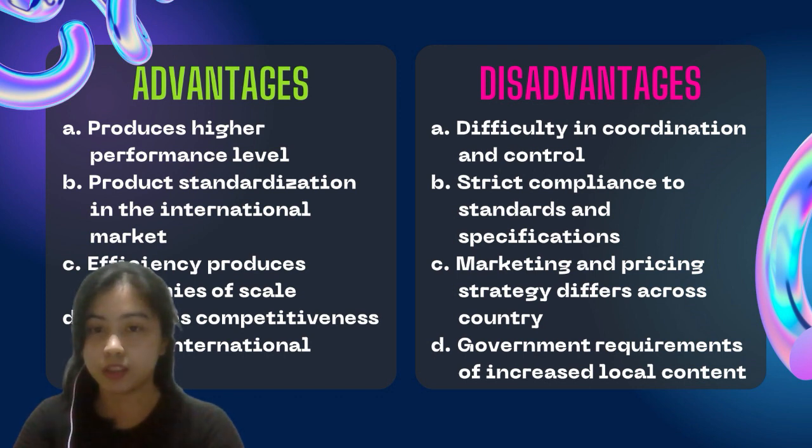Third, implementing a transnational strategy may require varying marketing and pricing strategies across different countries, posing challenges in maintaining a consistent global brand image and pricing structure. Lastly, some governments may impose regulations requiring increased local content in products, which can conflict with the global efficiency goals of a transnational strategy, leading to compliance challenges.